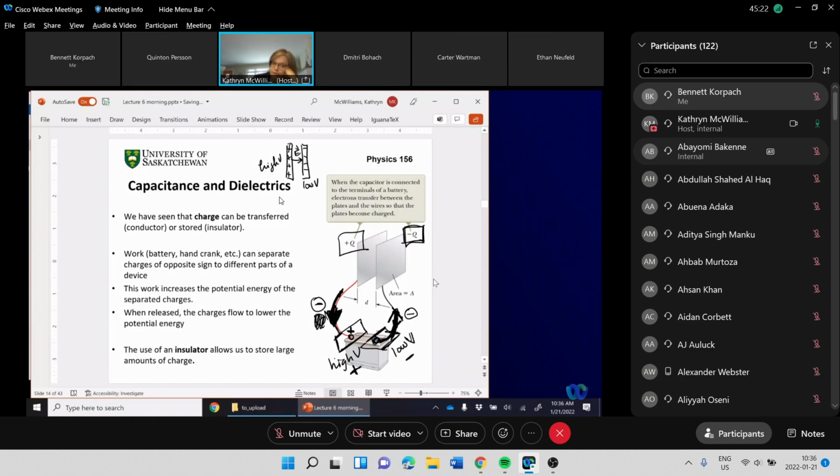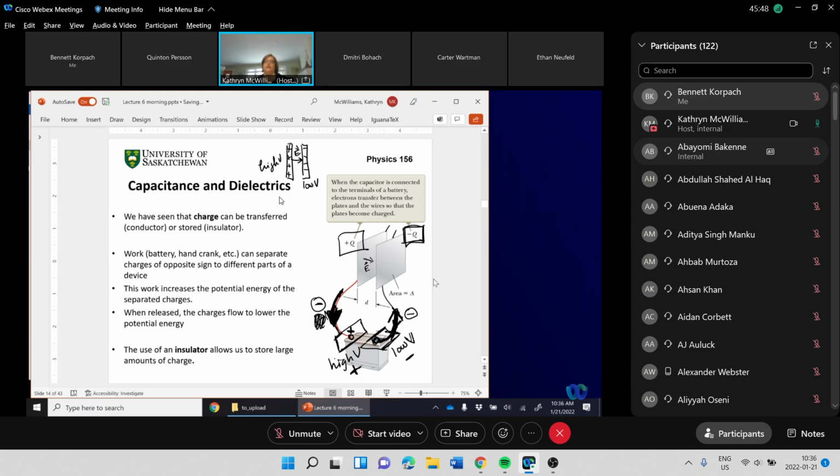So the charges flow until there's some equilibrium. Like these plates can hold some charges. So they flow until they no more can flow. They hold the maximum charge here. As charges build up, you start to get an electric field produced between these plates that starts to work against the electric field or the voltage in your battery.